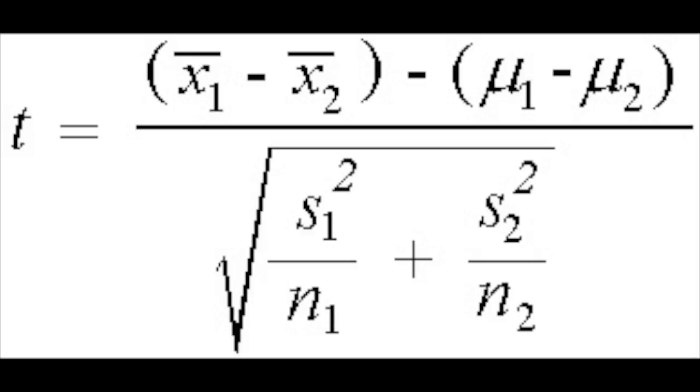X bar 2 is the mean of the practice tests from the samples. Mu 1 and mu 2 are the population means for graded and practice tests, respectively, which would equal 0 according to our null hypothesis. S1 and S2 are the standard deviations for the graded and practice tests, and N1 and N2 are the sample sizes from the graded and practice tests.